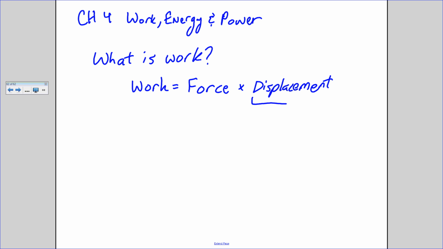But in physics, when we talk about work, we're going to say that the work that an object does is equal to the force times the displacement. So that has a particular quantitative meaning. In particular, this displacement is in the direction of the force.